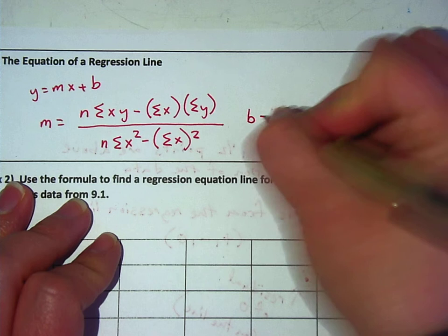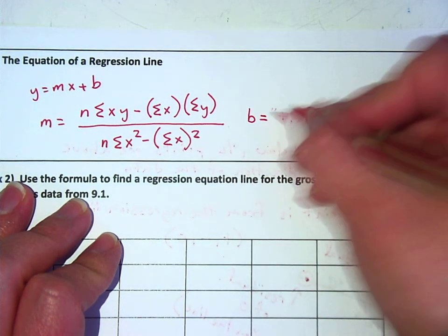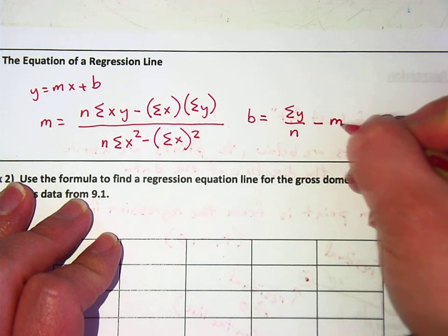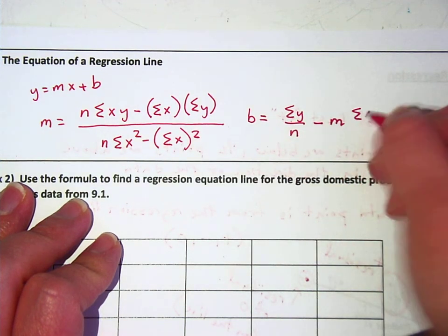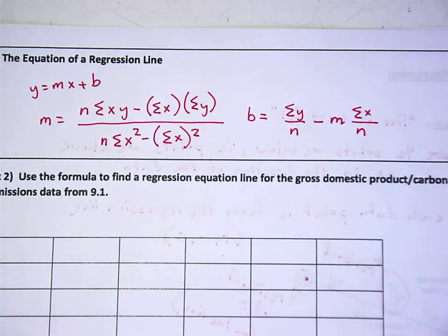And b is the summation of y's divided by n minus m times the summation of x's divided by n. Again, this is just a tedious, long process, and in your homework, you will have to do one of them. Okay? So let's get it done.